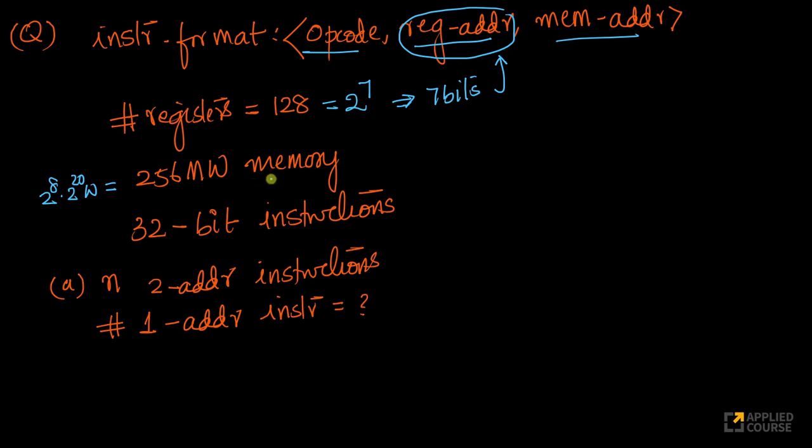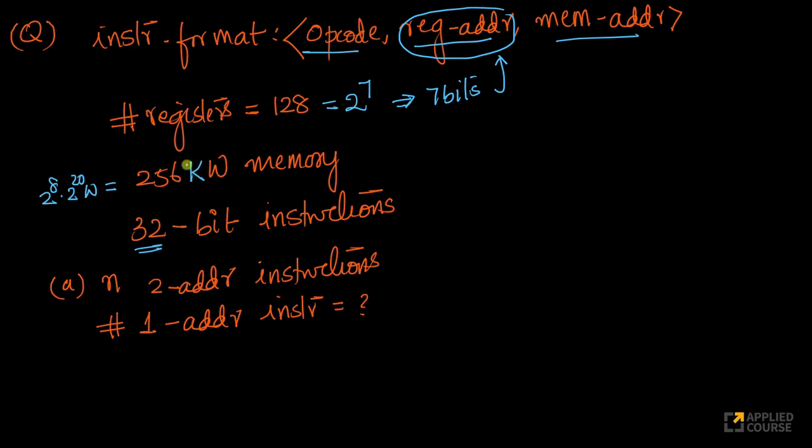Now, if it is 2 power 28, 28 plus 7, something is not working. Actually, I think this should be kilo, not mega, because then the problem won't work out. Sorry, this has to be kilo words, because if it's mega words, this is 28, this is 7, and 28 plus 7 is 35, but I only have 32-bit instructions, so nothing will work out. So there is a typo here in the question.